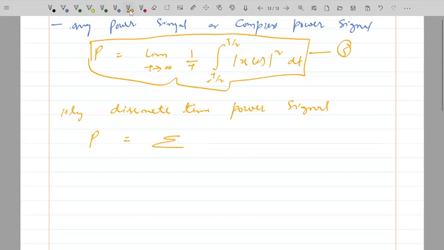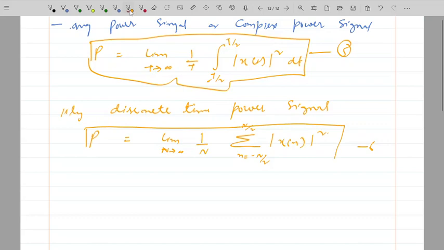P is equal to limit N approaches infinity, 1 by t changes to 1 by N, and summation of n equal to minus N by 2 to N by 2, and the magnitude of x of n whole square. So this will be the equation 6th.